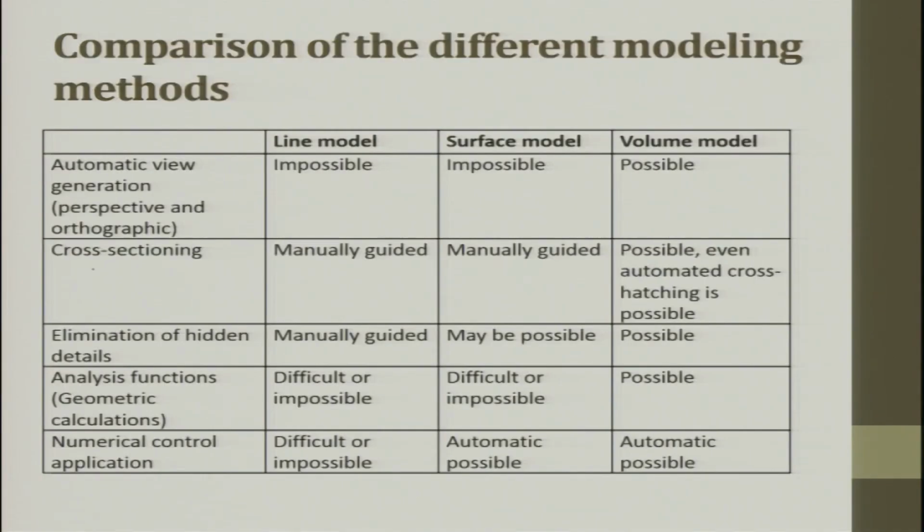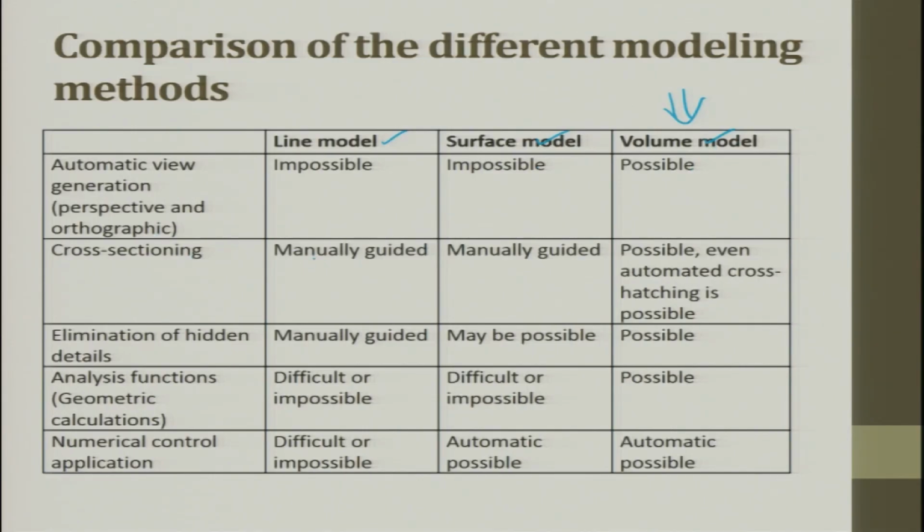Comparing the three different models, line model, surface model and solid model, what we want as far as rapid manufacturing and rapid prototyping are concerned is only the volume model, that is, the solid model. We are least bothered about lines and surfaces. Automatic view generation is impossible in line model, impossible in surface model, possible in volume model. Perspective and orthographic views are possible only in volume.